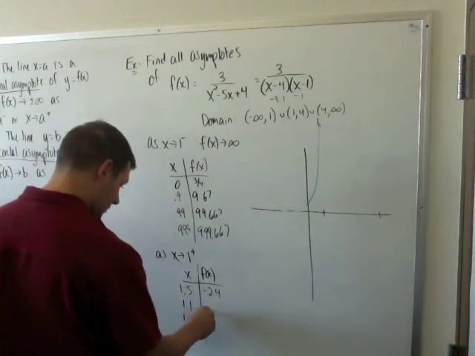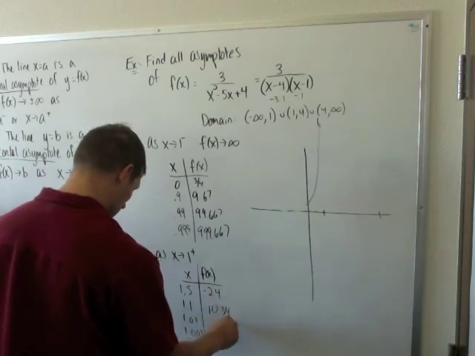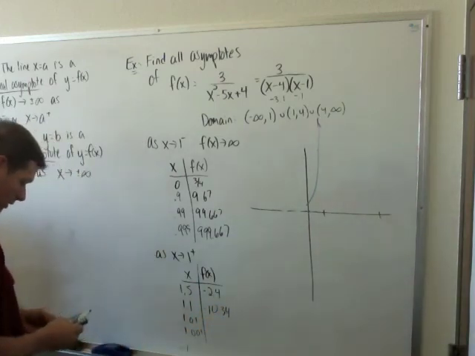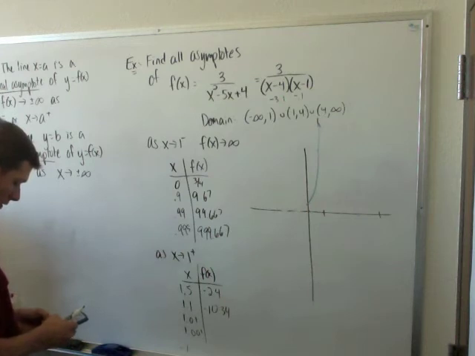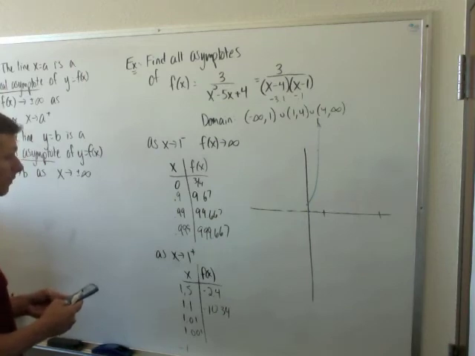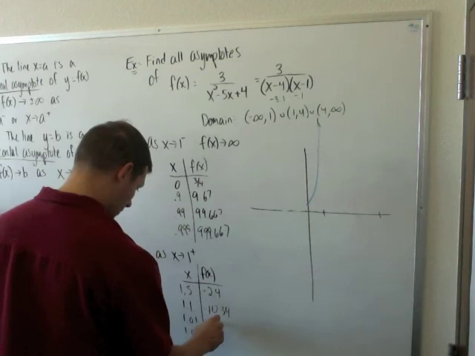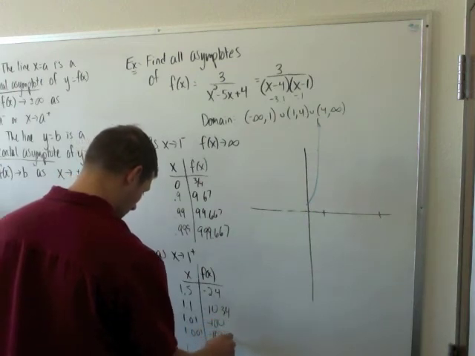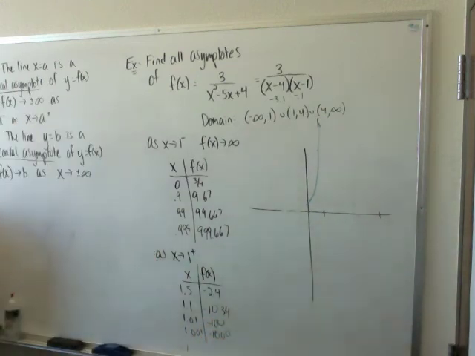I get negative 10.34. Okay, and if I keep going, I get negative 100 approximately. This is going to be negative 1,000 approximately.